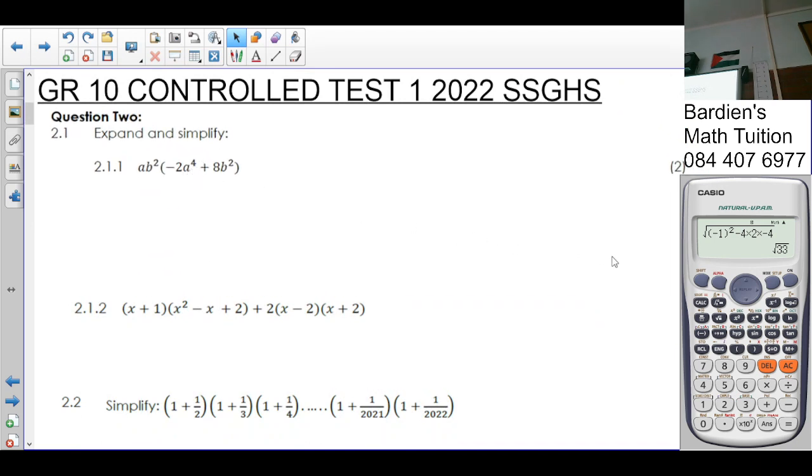Question 2.1, expand and simplify. Expand means to get rid of the brackets. So this is multiplying, get rid of the brackets.